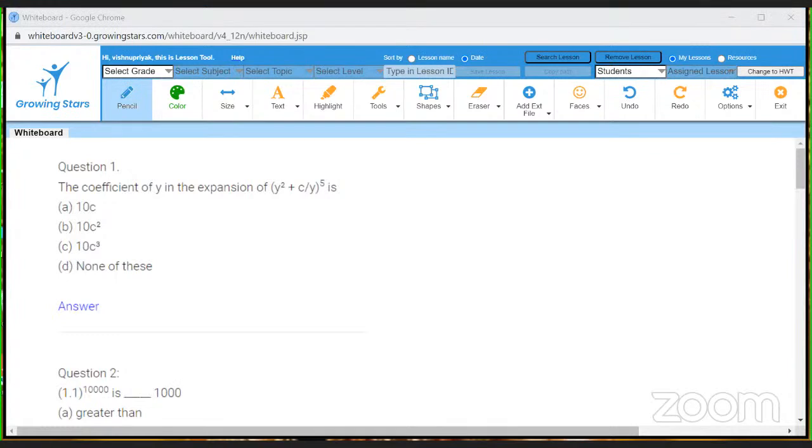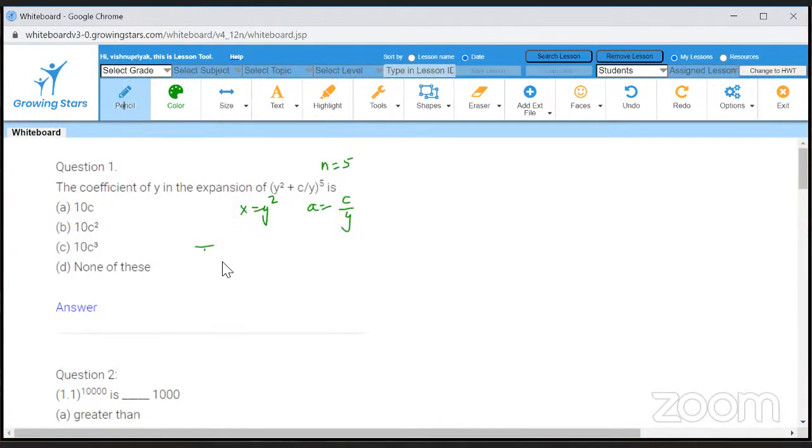First question: the coefficient of y in the expansion of (y square plus c by y) whole power 5 is. In this expansion, x is y square, a is c by y, and the power n is 5.